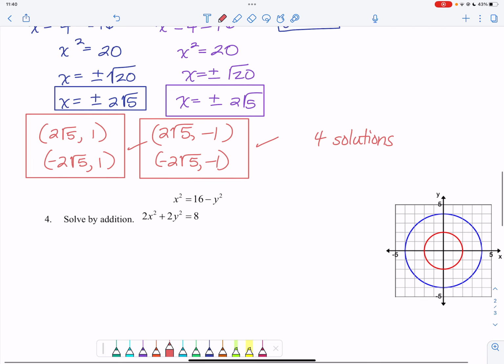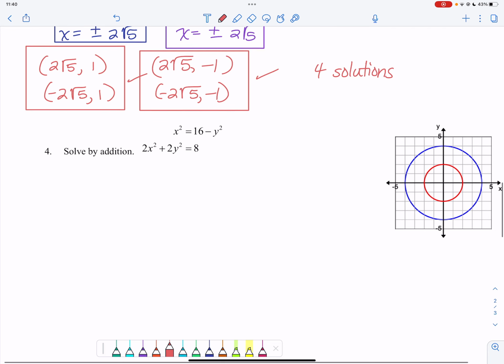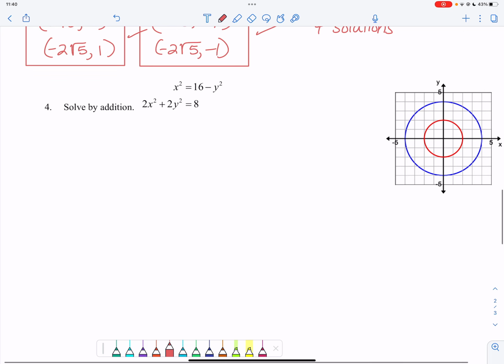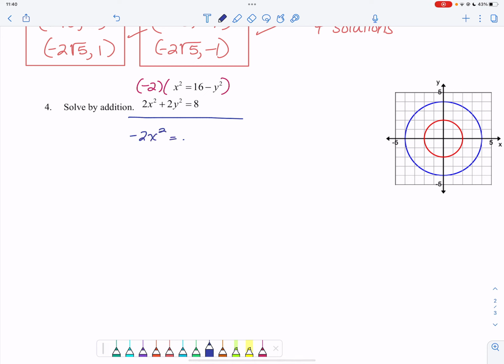Okay, let's do the same thing here, solving by addition. And as you can see, we could multiply the first equation by -2. And let's see what we have. I'll just write it under here. We have -2x squared is equal to -32 plus 2y squared. And we'll add that to that second equation.